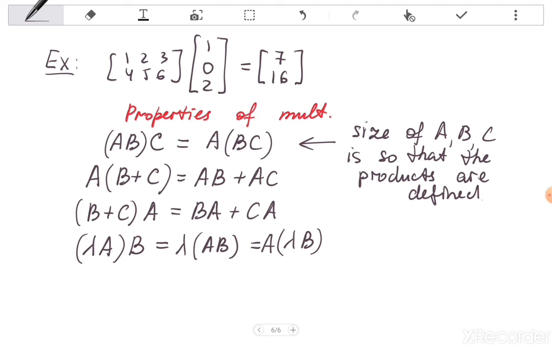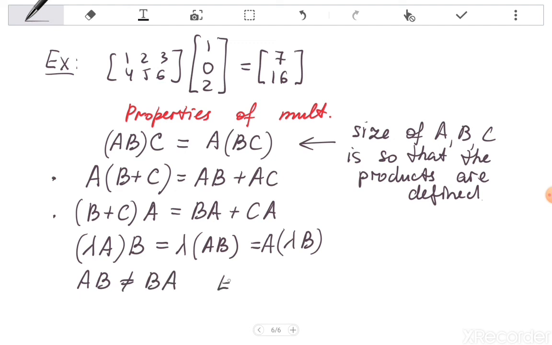And notice that when we look at these two properties of distributivity, the order does matter. In fact, in general, AB is not BA. In general, this product is non-commutative.